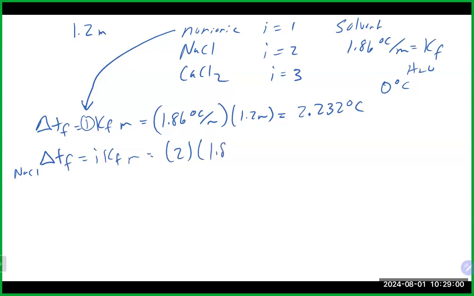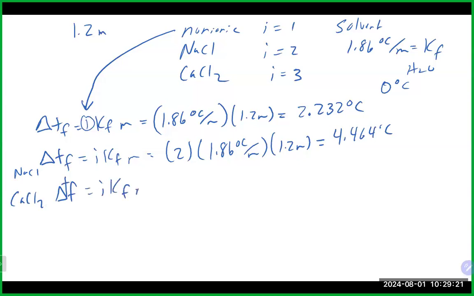We would have our 1.86 degrees Celsius times our molality, our 1.2. And in this case here, we will end up with 4.464 degrees Celsius. And if we did it for calcium chloride, our i would be 3, 1.86 degrees Celsius, molality 1.2.